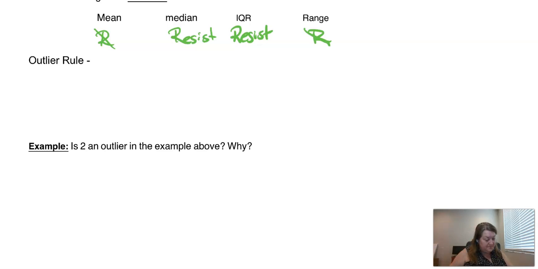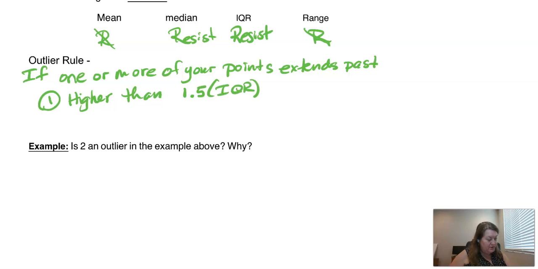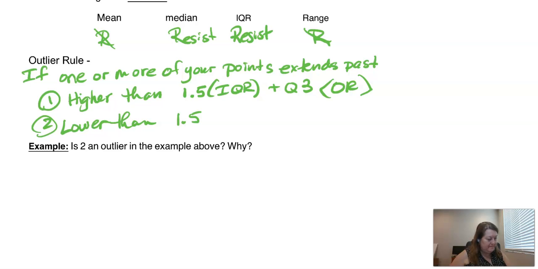Here's the rule: if one or more of your points extends past higher than 1.5 times the IQR, remember that's just a subtraction, plus Q3, or lower than Q1 minus 1.5 times IQR.